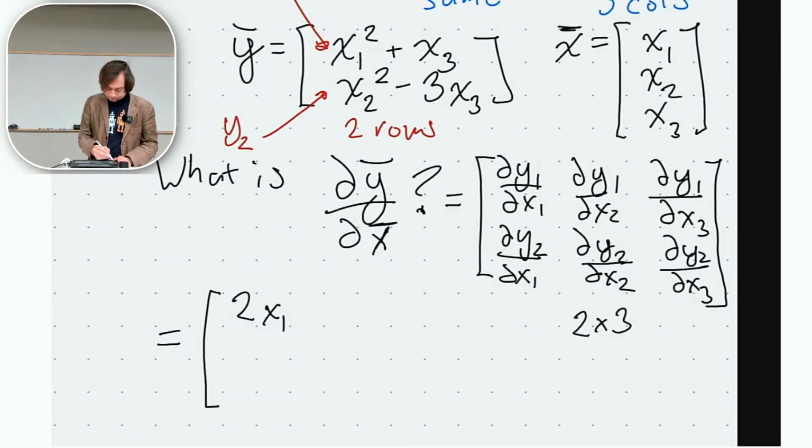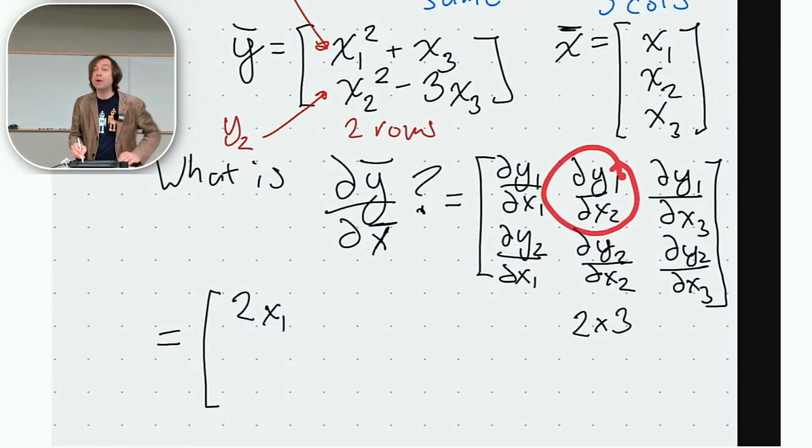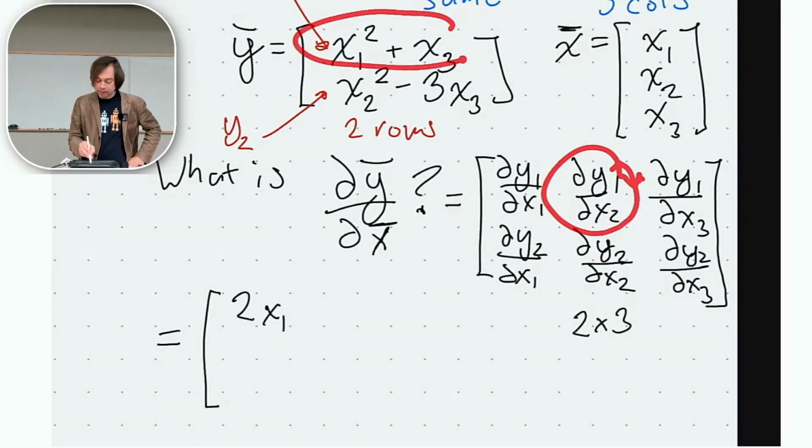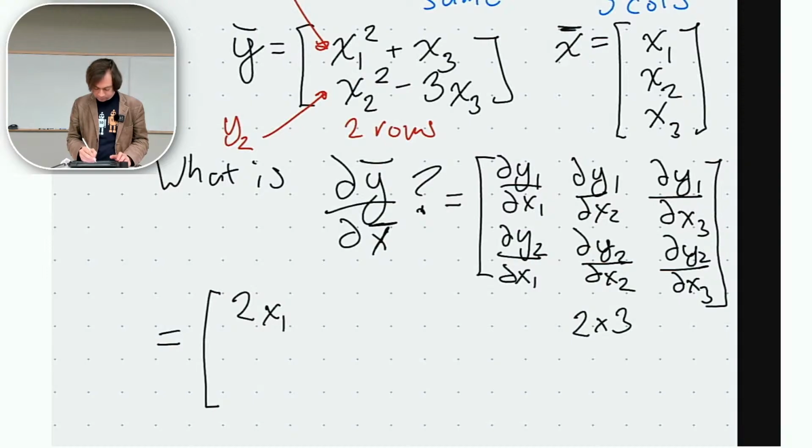Next term, partial y1, partial x2. I don't see any x2s there, do you? 0. Finally, partial y1, partial x3. I do see an x3. Derivative of x3 with respect to x3 is 1.